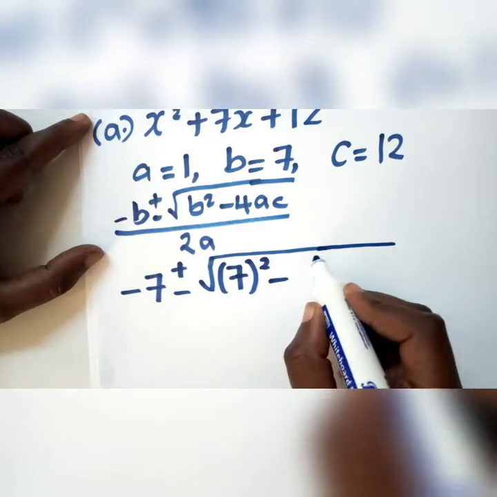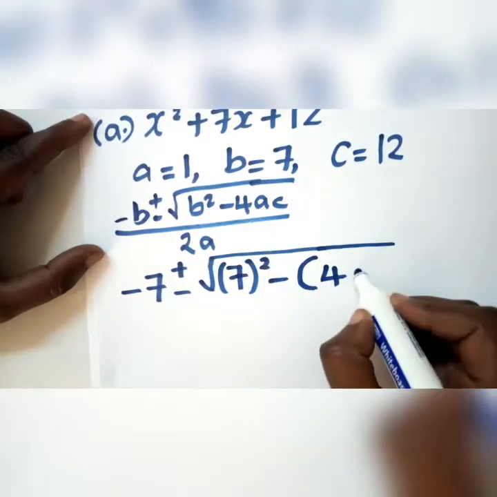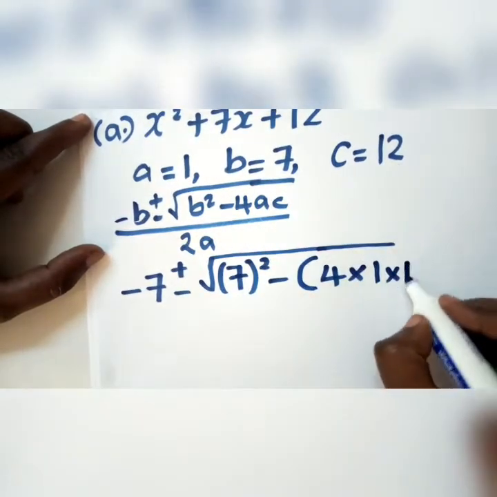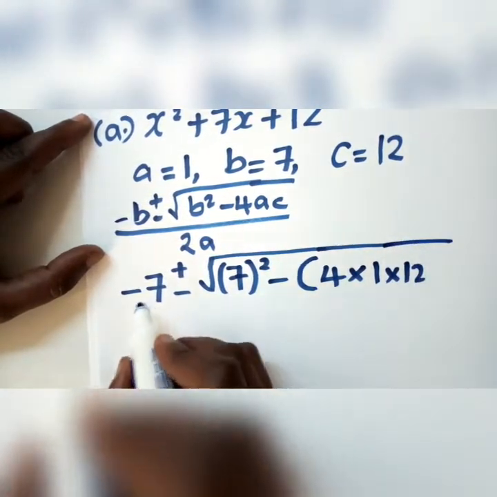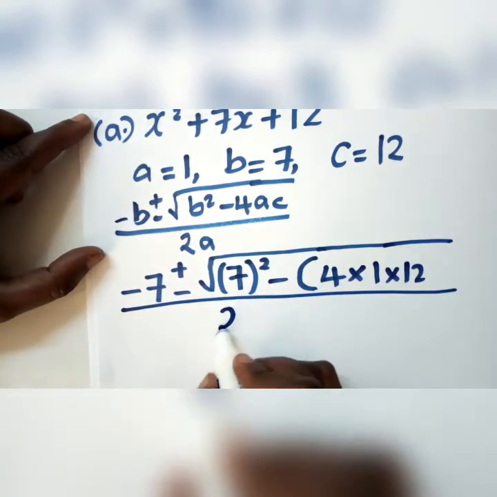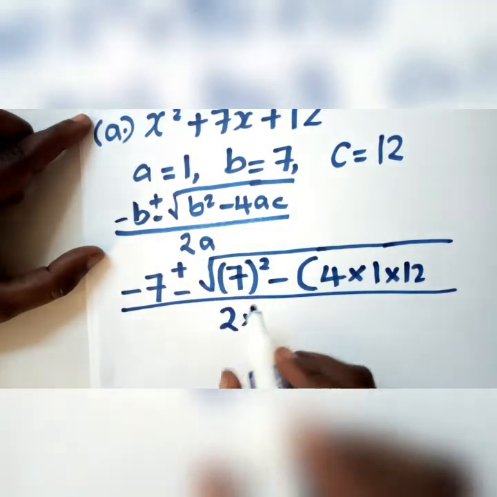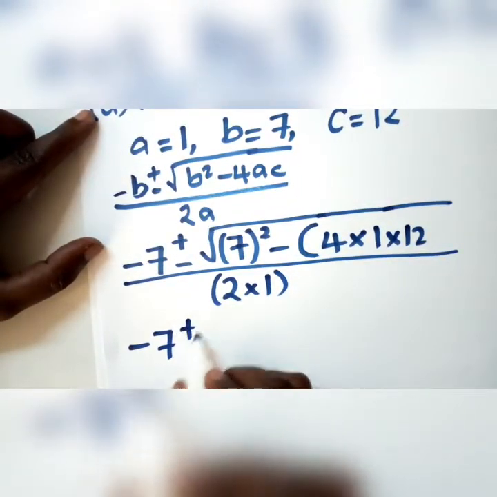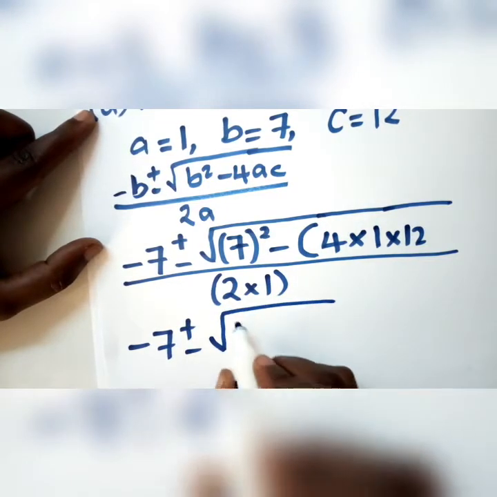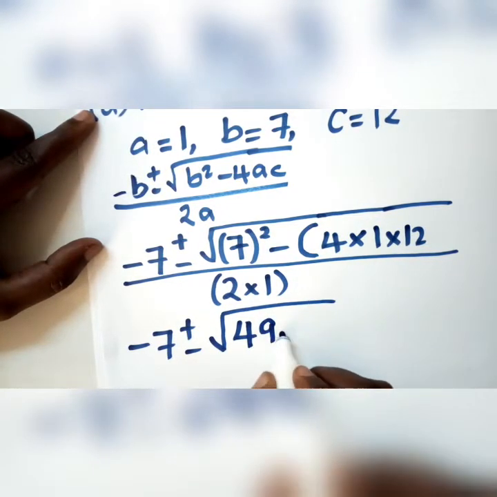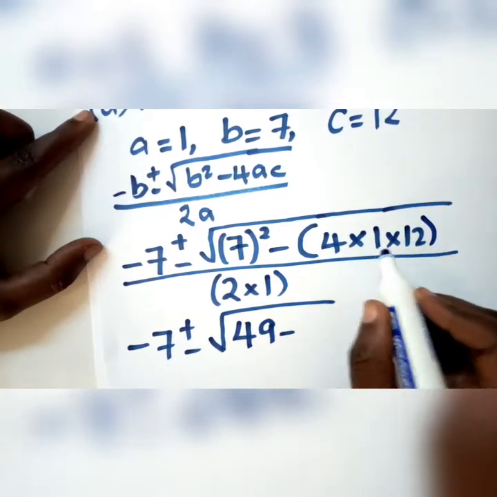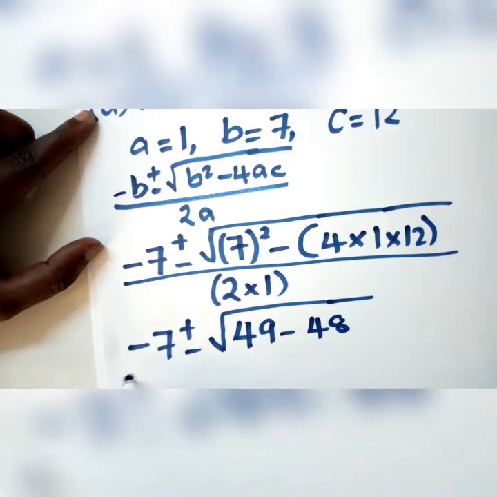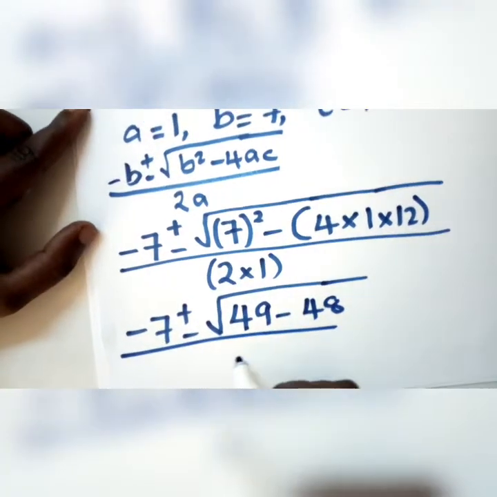Then over here as well, we do 4 times our a, which is 1, times c, which is 12, everything over 2 times our a, which is 1. So here we get minus 7 plus or minus the square root of 7 squared, which is 49, minus 4 times 1, that is 4, times 12, that is 48, all over 2 times 1, which is 2.